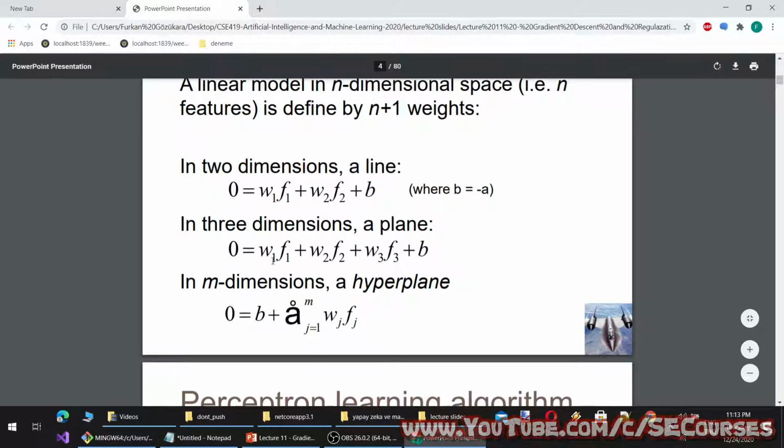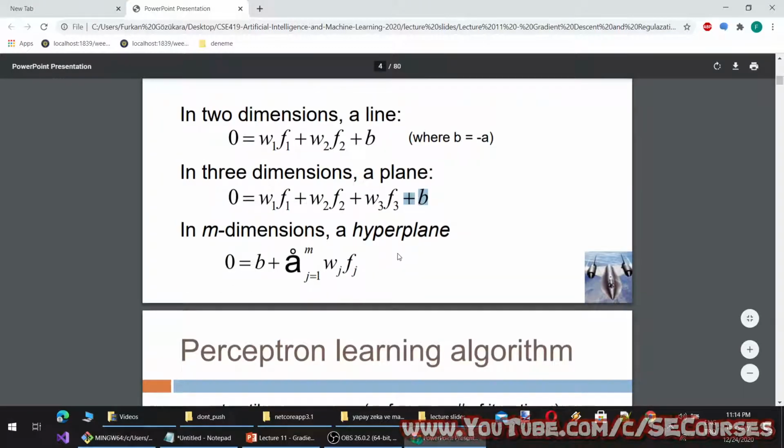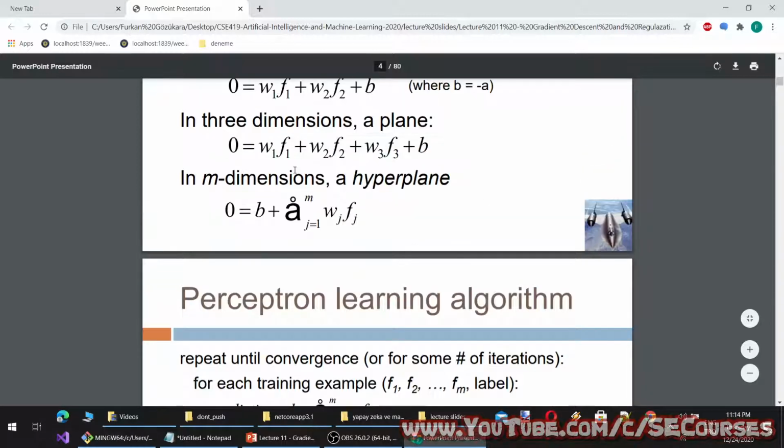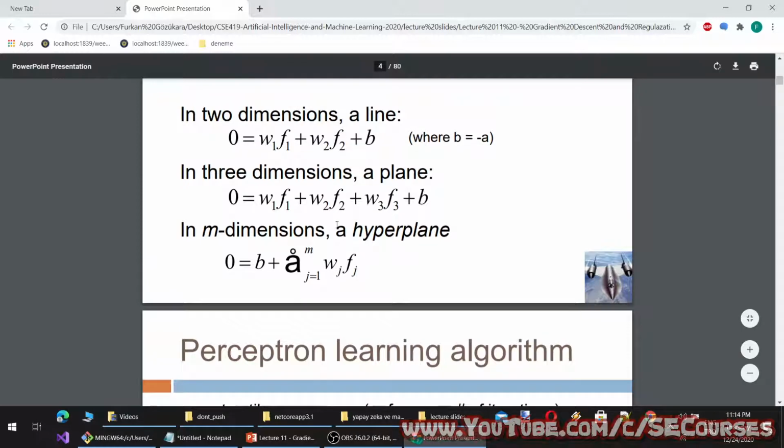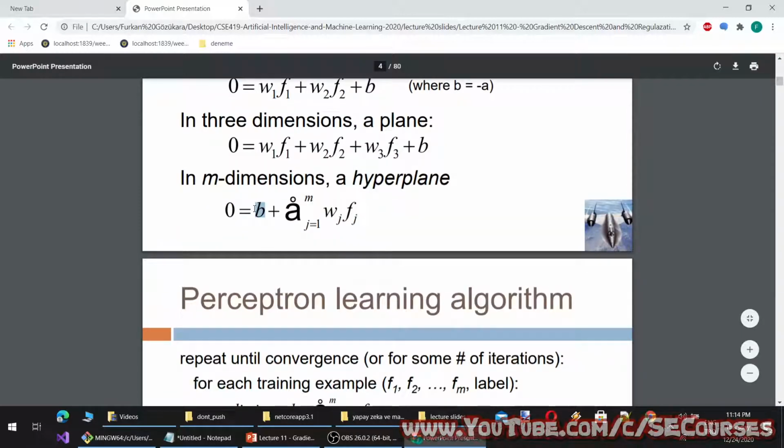In 3 dimensions, it becomes weight 1, feature 1, weight 2, feature 2, weight 3, feature 3, plus b. And in m dimensions, it is called a hyperplane. It is the sum of all weights multiplied with their corresponding features, plus b.